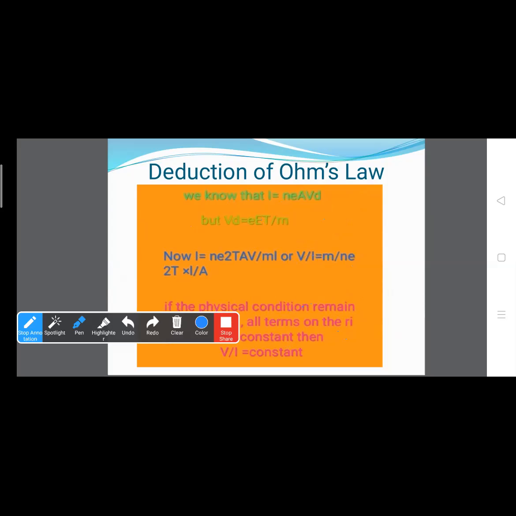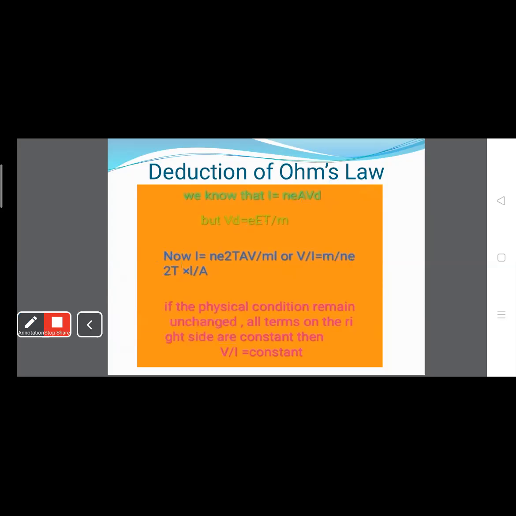So from this equation, V upon I equal to mL upon ne squared τA. Clear?